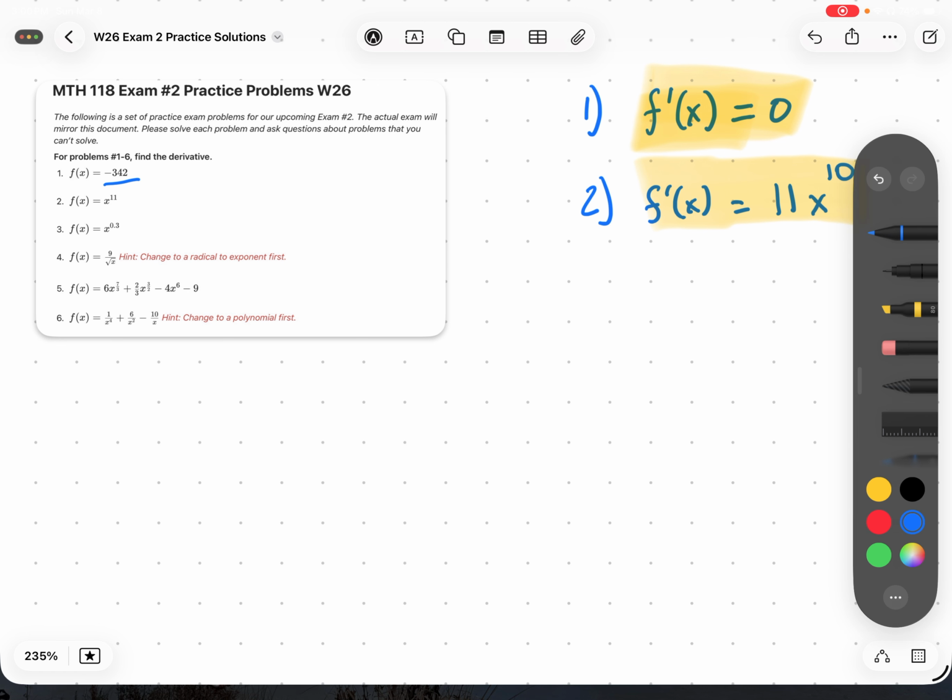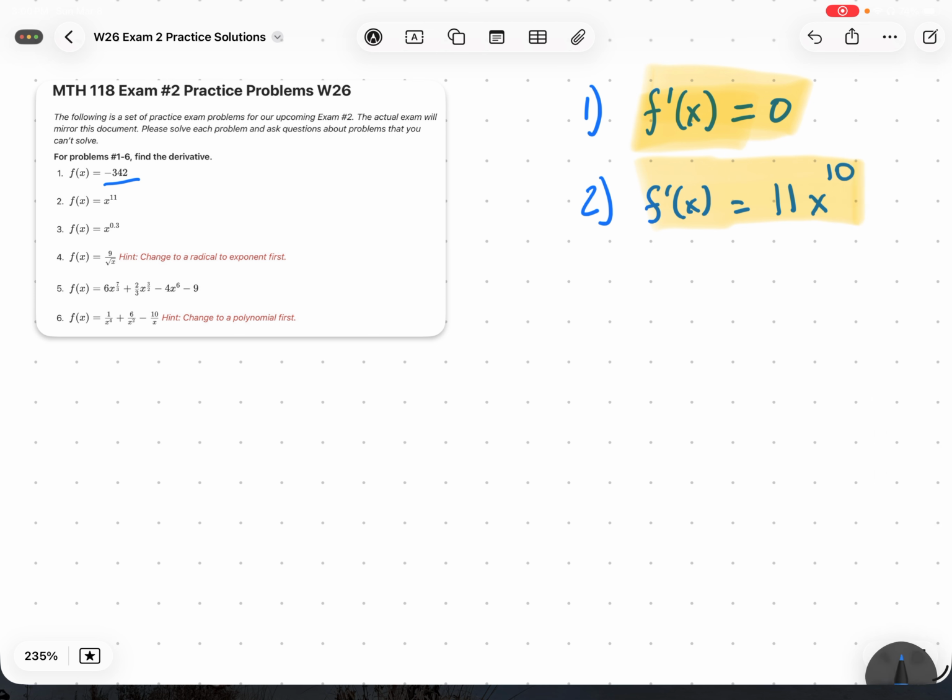Let's keep the ball rolling here. We have another power rule, but this time the exponent is a decimal number less than 1. We're not going to panic on this. You can still do the power rule on this problem. You just have to be careful about how you subtract 1. So that exponent 0.3 still comes down.